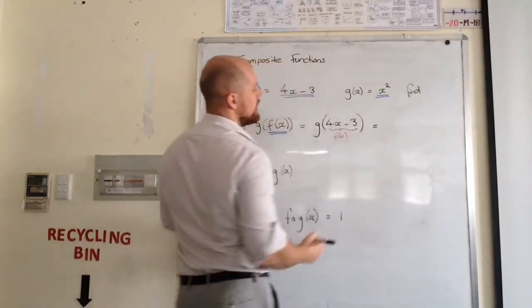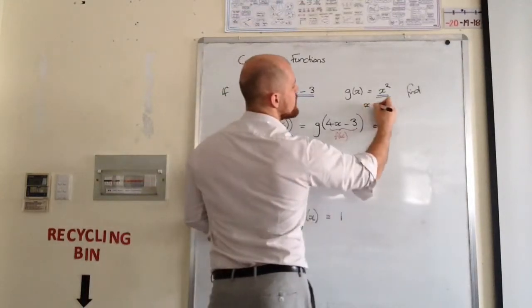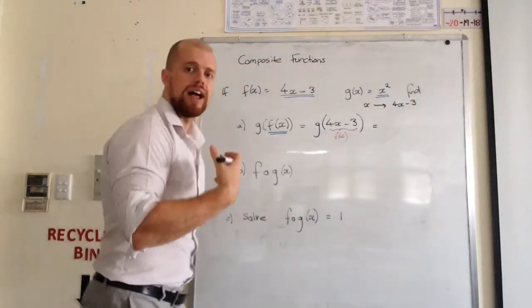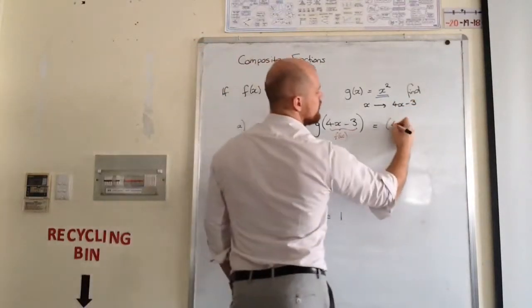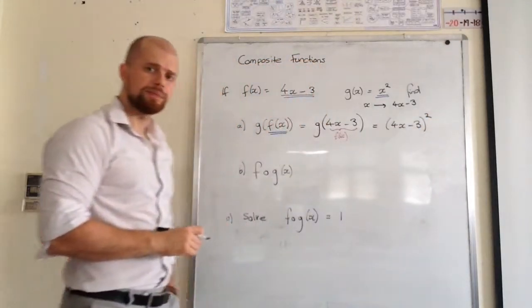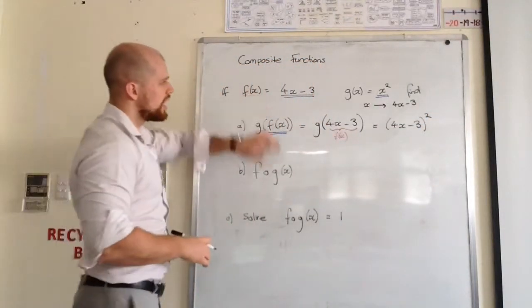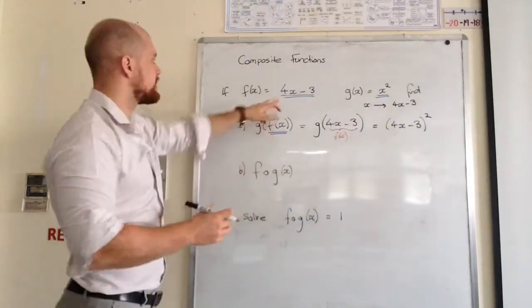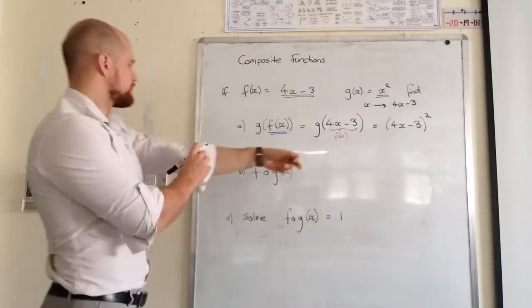It was x squared, so x goes to 4x minus 3. Therefore, x squared is 4x minus 3 squared. I've taken f and I've put it into g. Every x has become 4x minus 3.